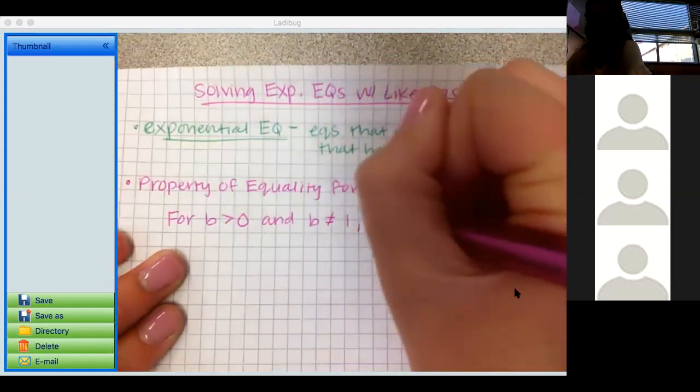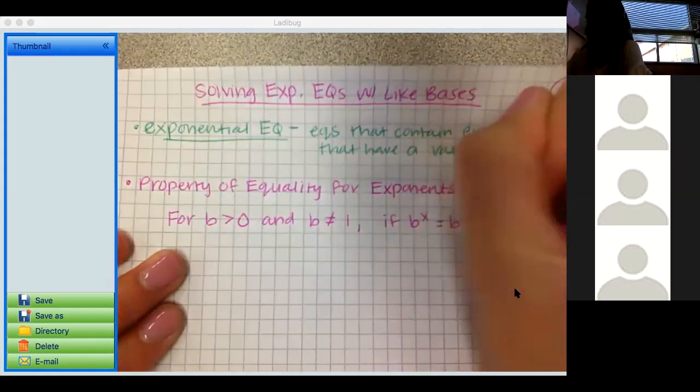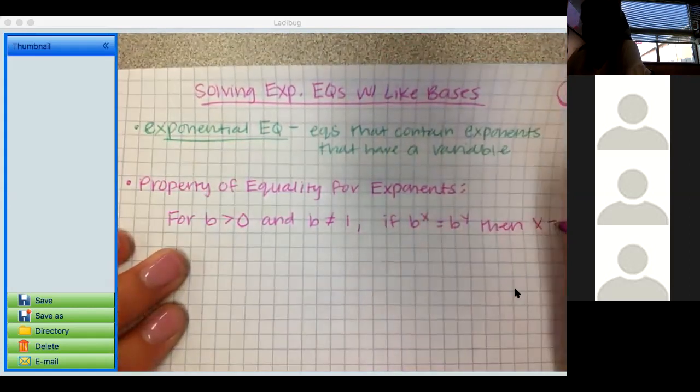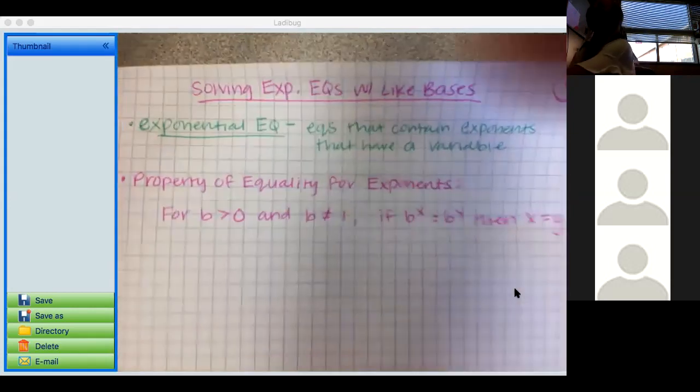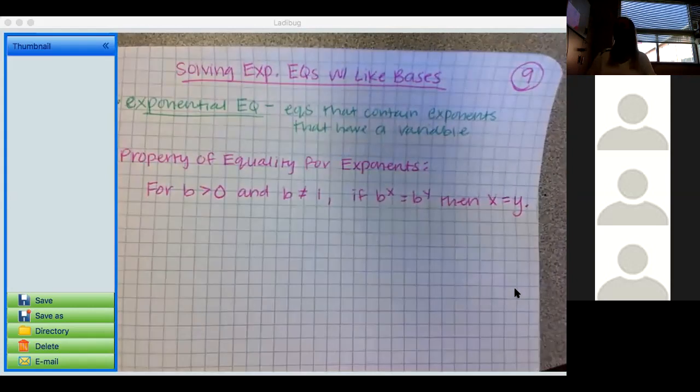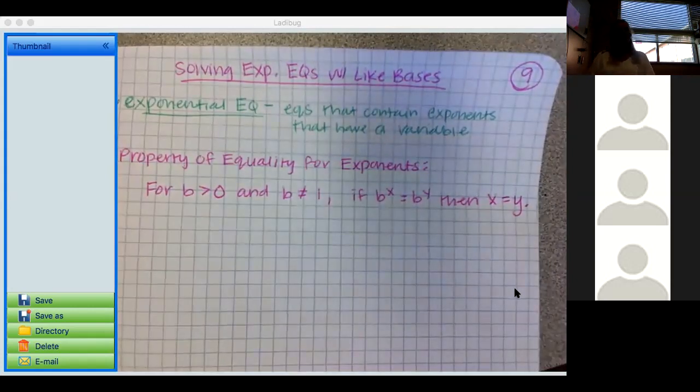So we're going to break it down. b to the x equals b to the y, then x equals y.